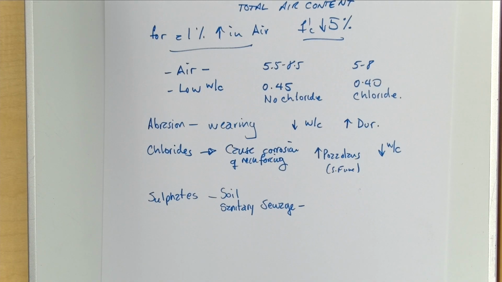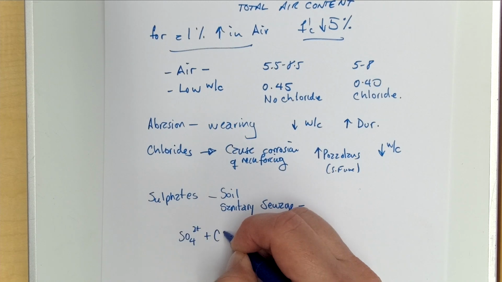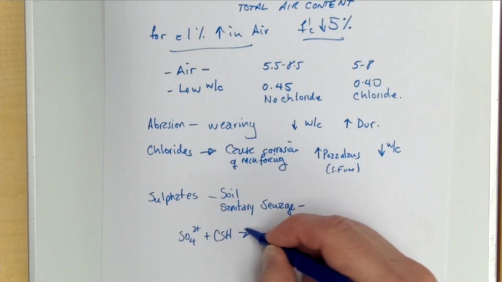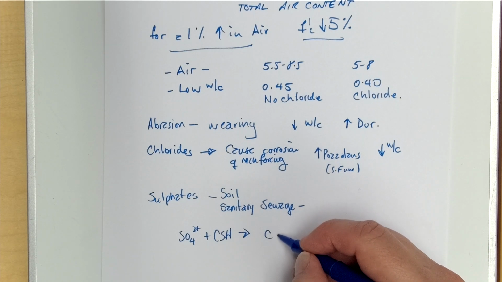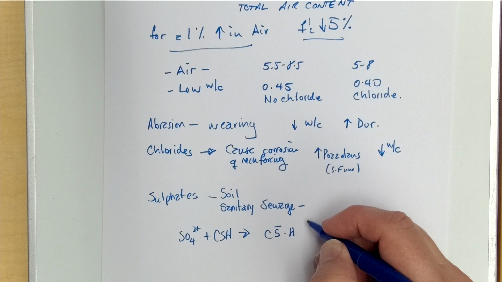Those sulfates all come in. If you go across the border of Minnesota into the Dakotas, the content of sulfates in the soil increases, and that's a problem because sulfate plus the glue goes to calcium sulfate hydrates.